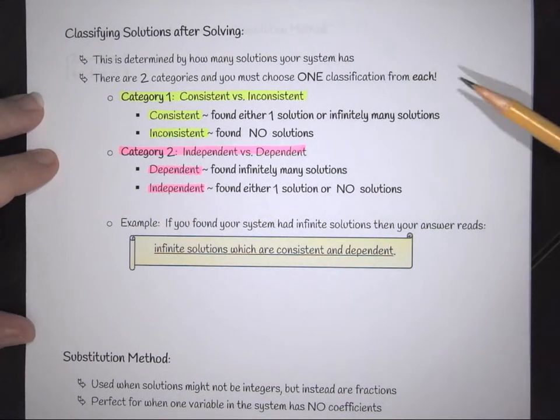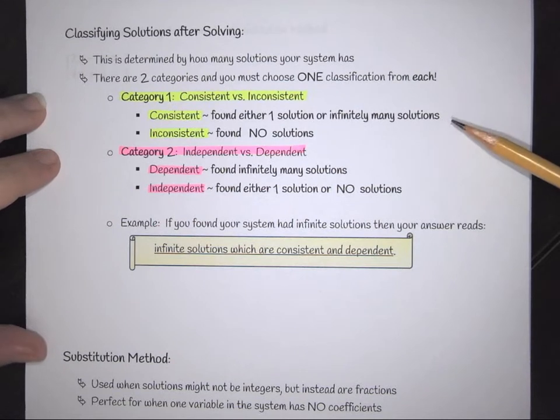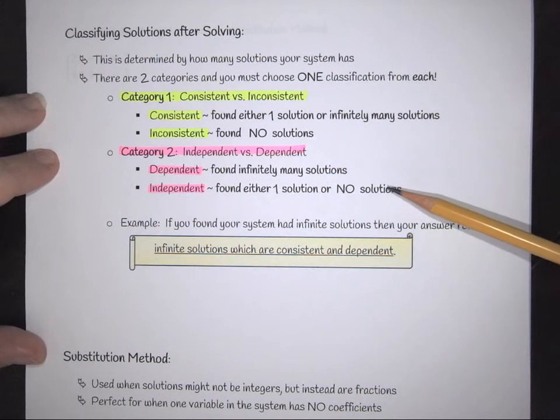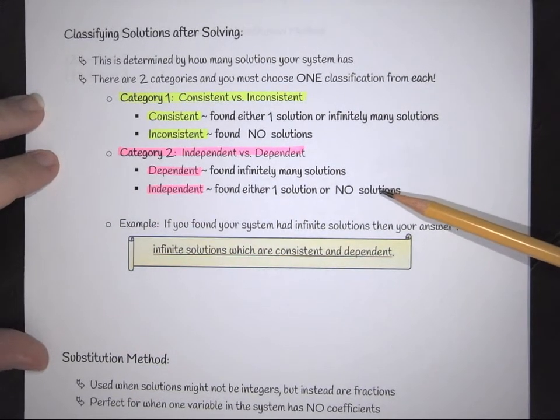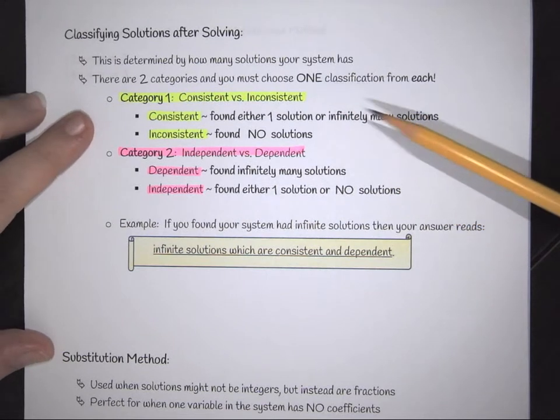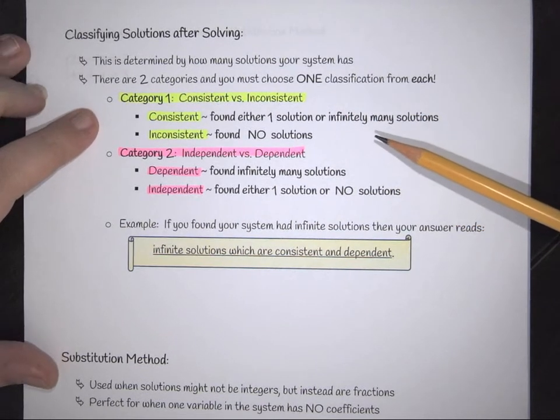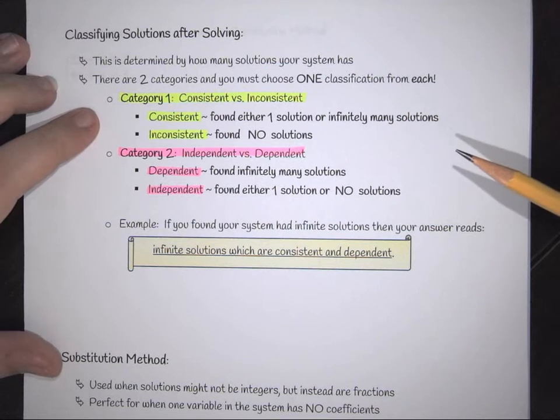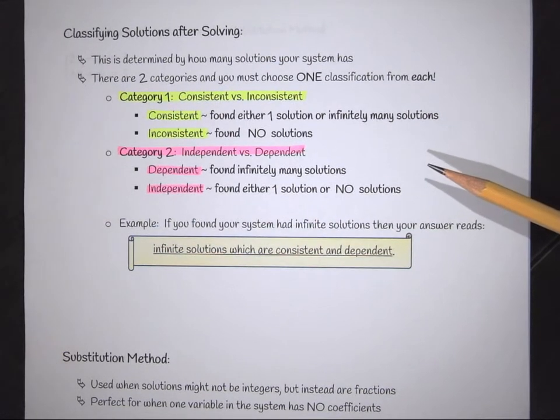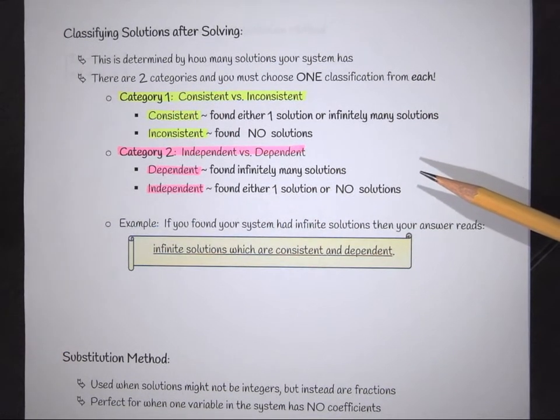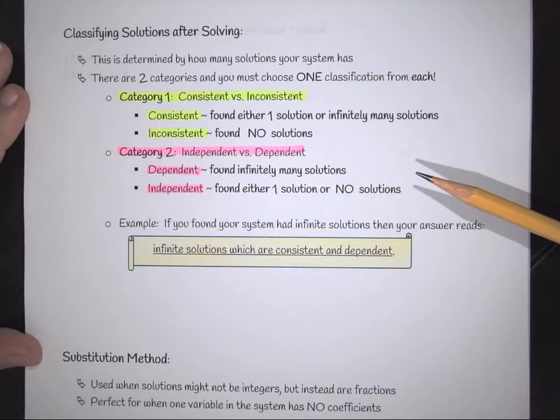Now, to classify them, we have two categories, and you essentially choose one from each category to classify completely. Your first category is what we call consistent or inconsistent, and the way we classify is based on the solutions that we received in the problem.